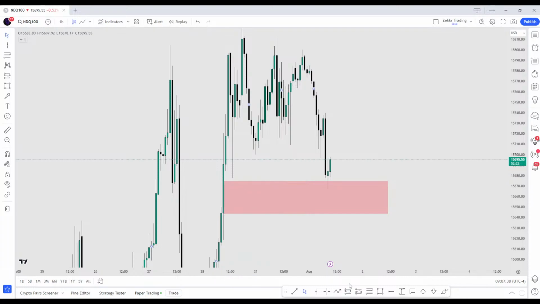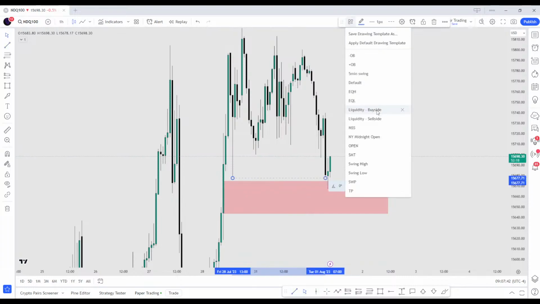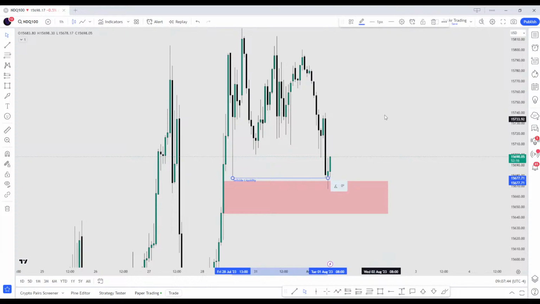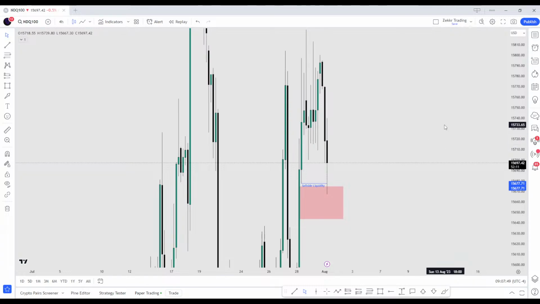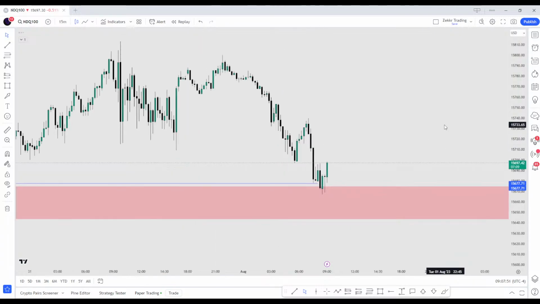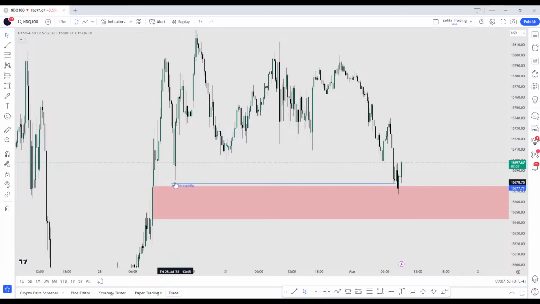Yeah, we did sweep this. I mean, me personally, I prefer the 15-minute fair value gap. Why? Because on the 15-minute we have this obvious sell side liquidity right here. We have equal lows, sell side liquidity swept into the fair value gap.